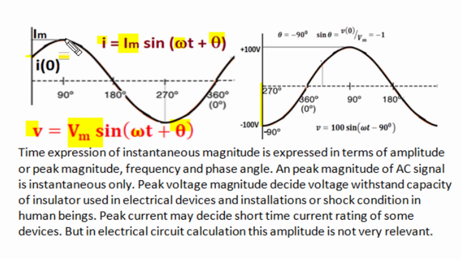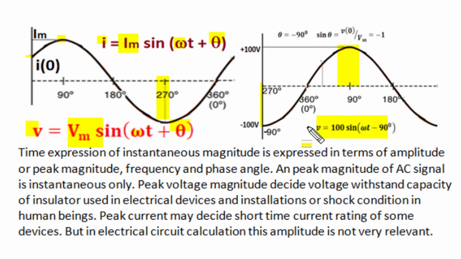Now in this variation, the peak magnitude or amplitude position remains for a very brief small time duration, or we can say peak position is instantaneous position. In a voltage signal, this peak magnitude or amplitude is relevant when one has to decide voltage withstand capacity of insulation used in any electric installation or device, or one is concerned with shock conditions or risk involved in electric shocks.